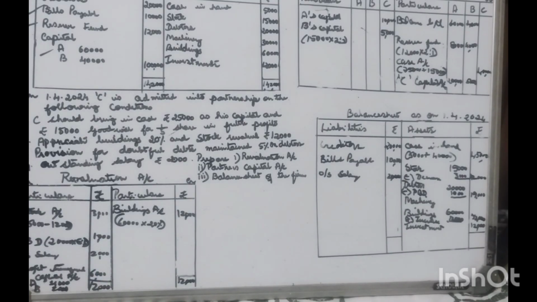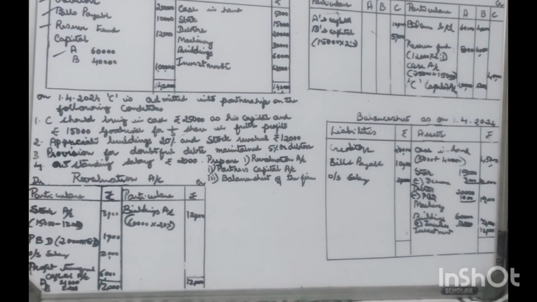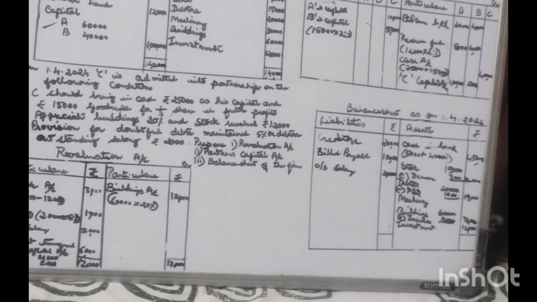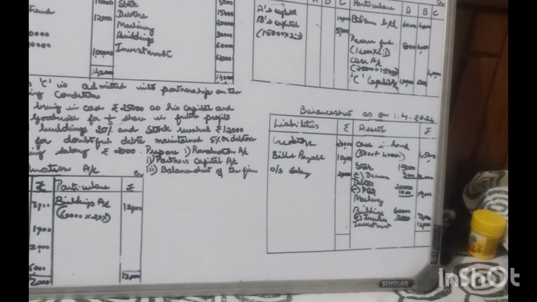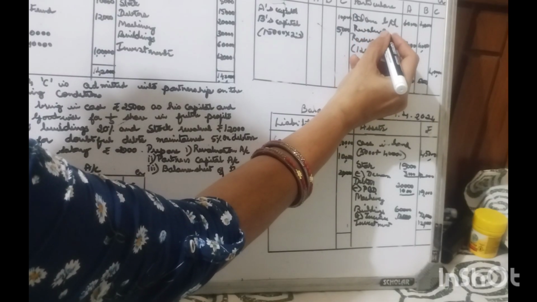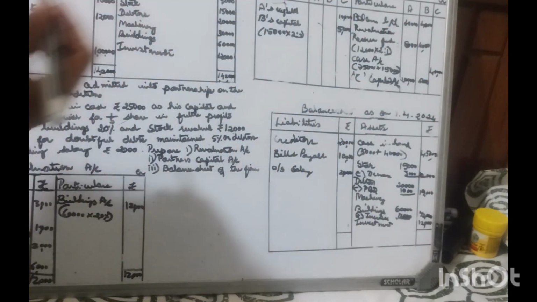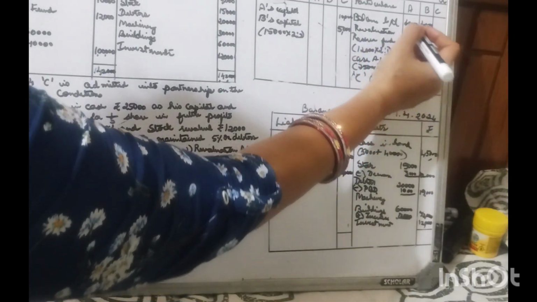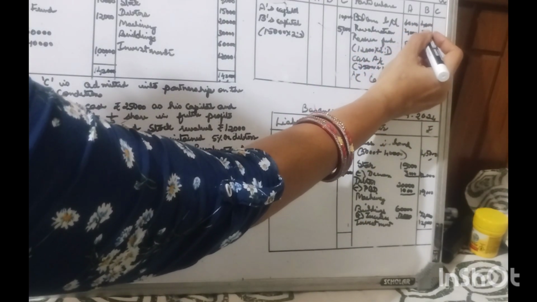So that appears in this revaluation account, and it has to be transferred to the credit side of partners' capital account. So 4,000 and 2,000. Only old partners are entitled to the share of this profit on revaluation.